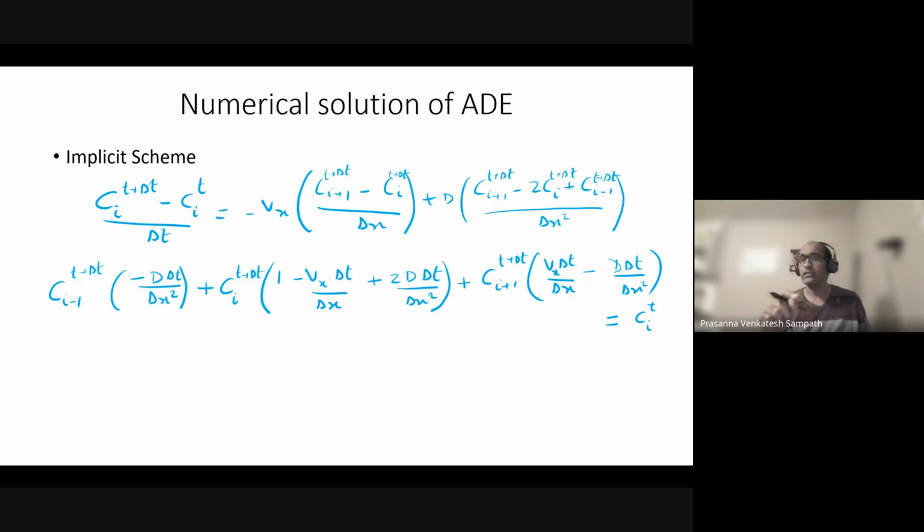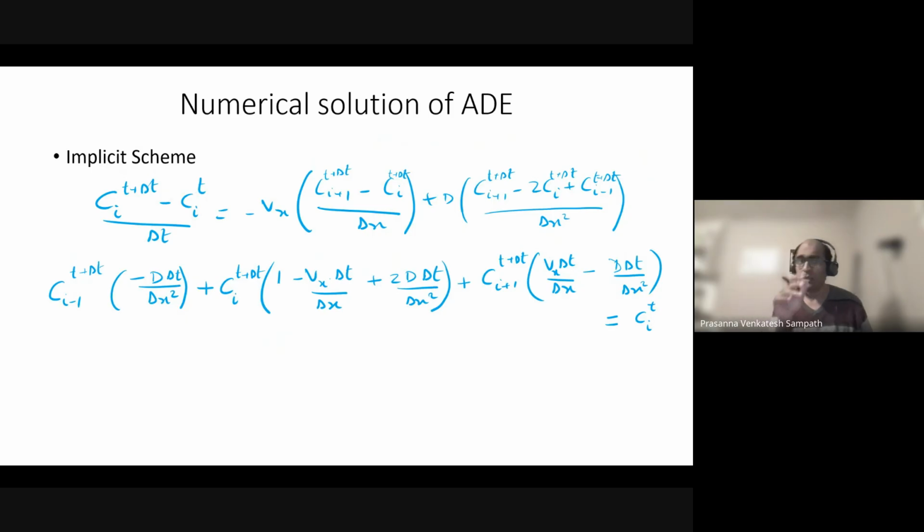You will notice that the terms inside the brackets here, minus d delta t by delta x square, 1 minus vx delta t by delta x plus 2d delta t by delta x square, vx into delta t divided by delta x minus d delta t by delta x square. For a particular problem with a certain value of vx and a certain value of d, if you fix delta x and delta t, whatever is inside these brackets is a constant.